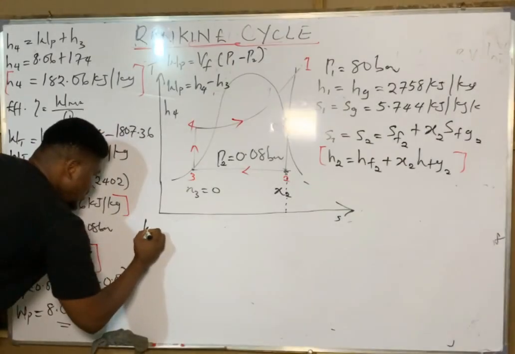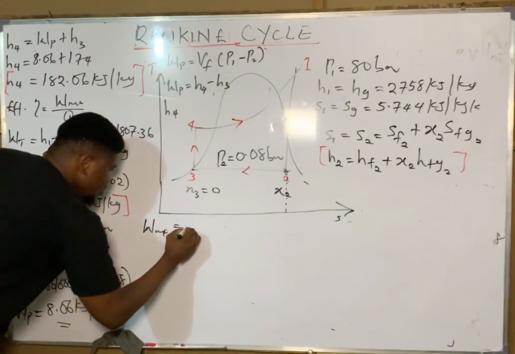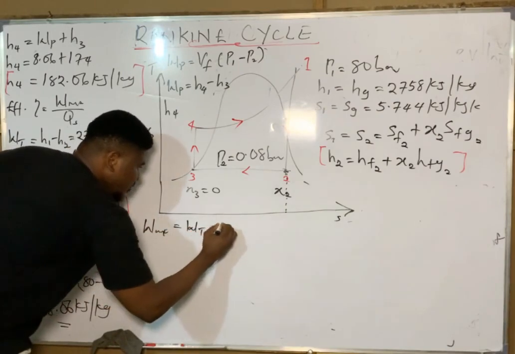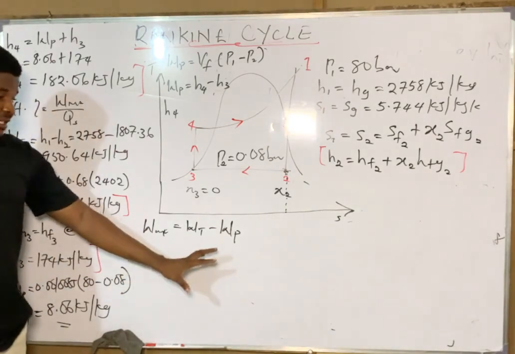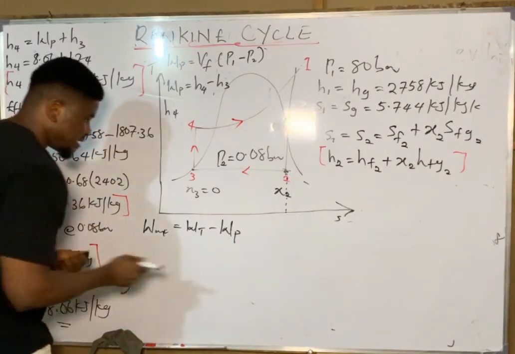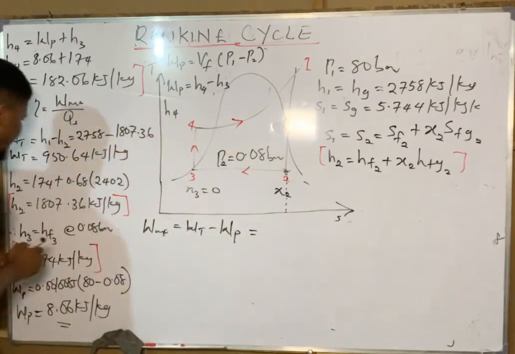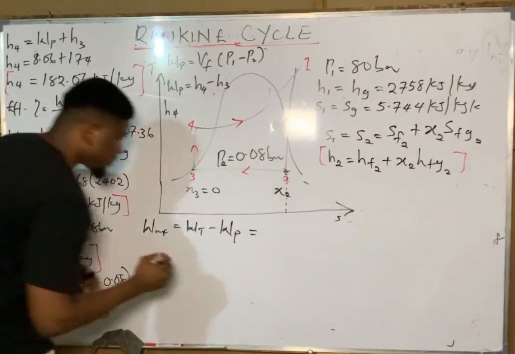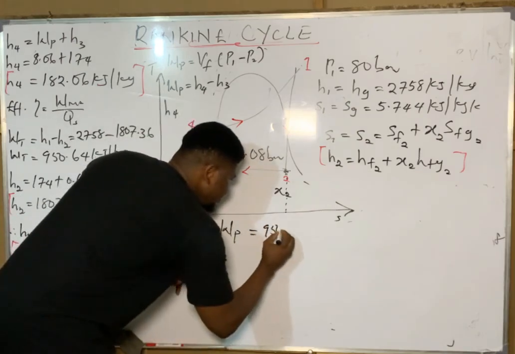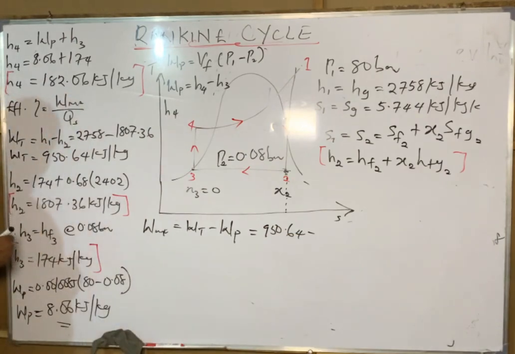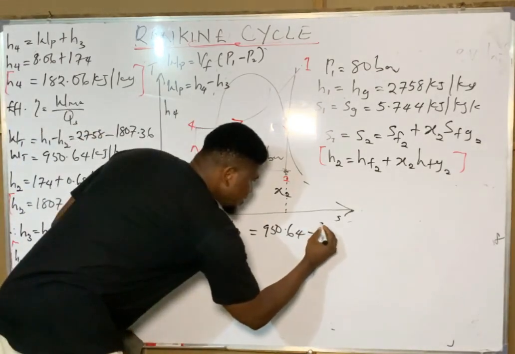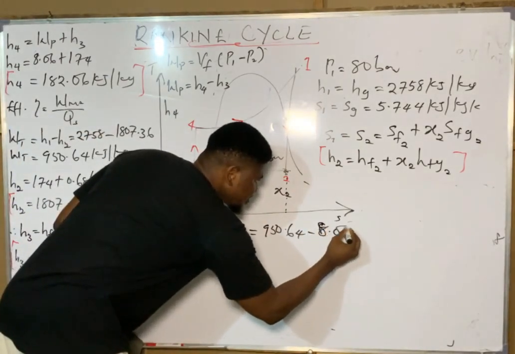Our net work is going to be turbine work minus pump work. Remember, pump work is always negative, so that's why you have to attach that minus there. That gives us our net work. Turbine work gave us 950.64, minus our pump work, which we found here, 8.06.